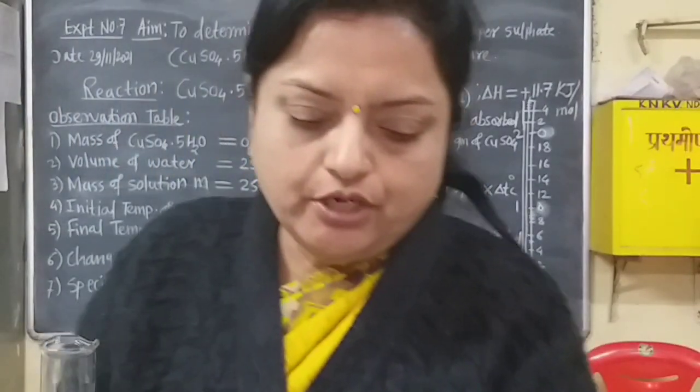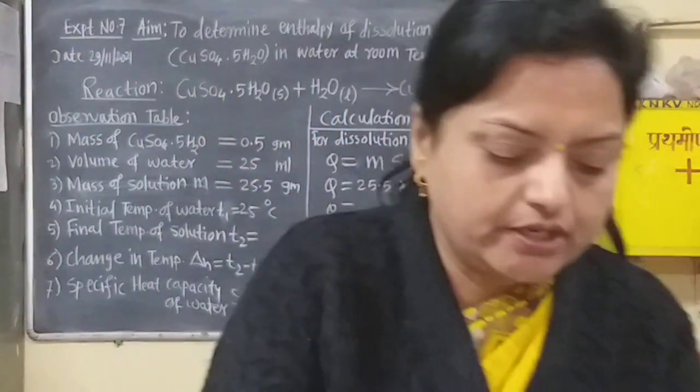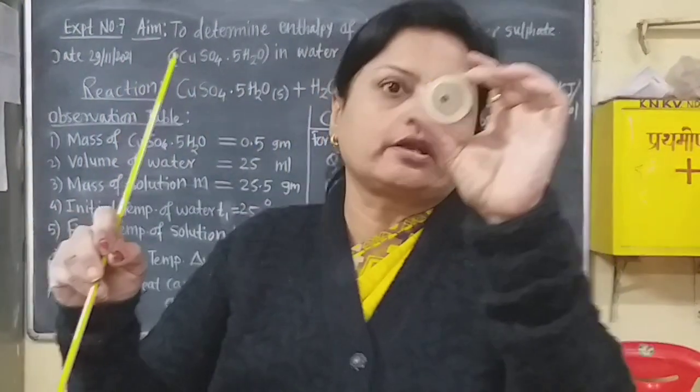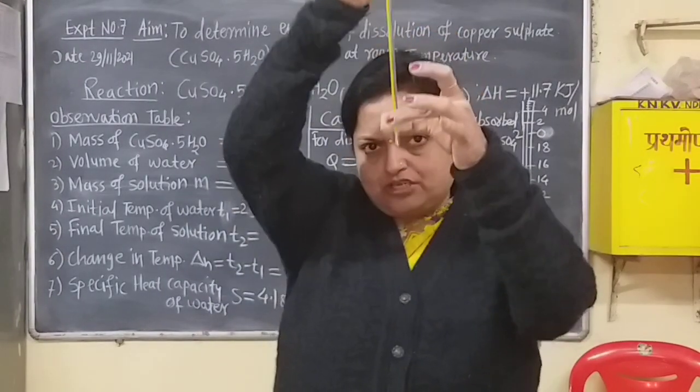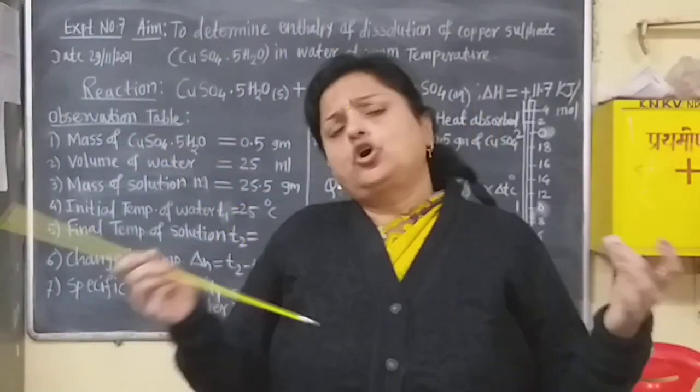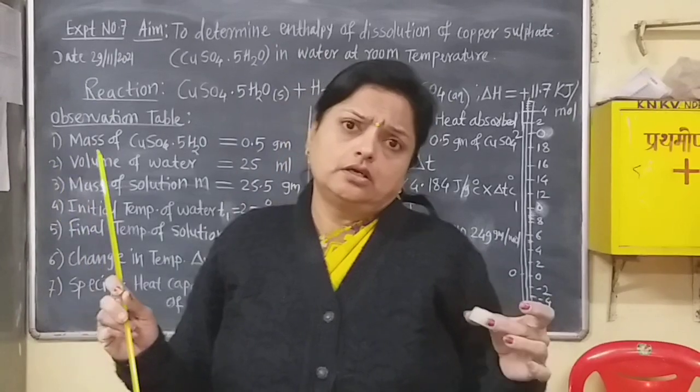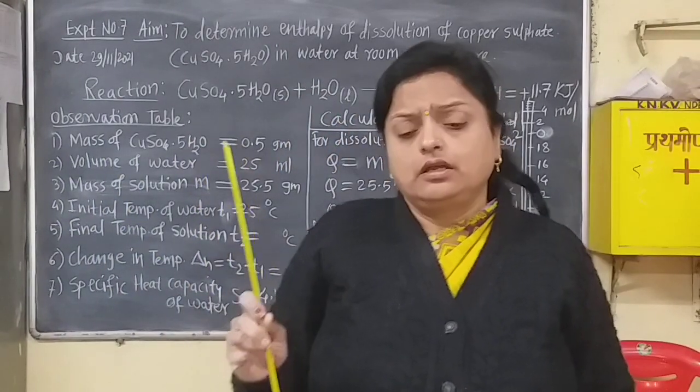See students, here there is already a hole in this cork or lid, and this thermometer passes easily through that. So there is no need to make a cork with our hand.